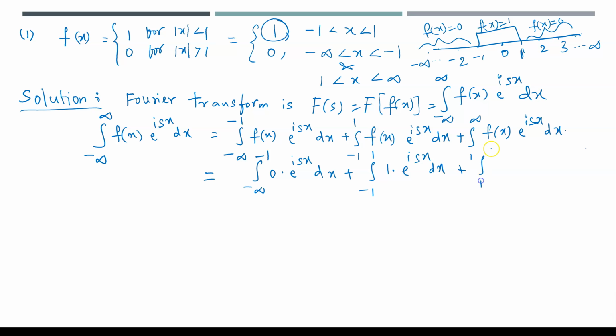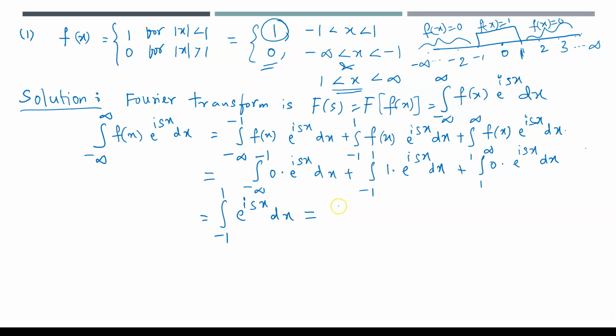plus the integral from 1 to infinity. Here in the interval 1 to infinity the value is 0, so 0 into e^{isx} dx, which gives the integral from minus 1 to 1, where f(x) is 1, of e^{isx} dx, because the remaining 2 integrals become 0. So we get only the middle integral.